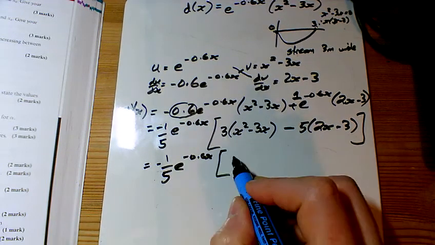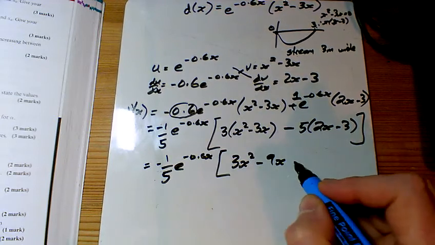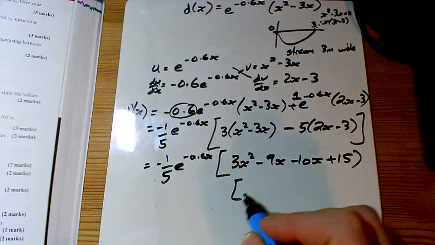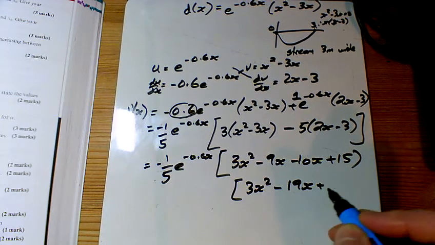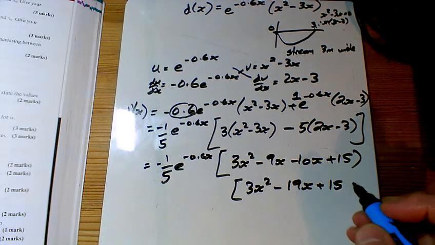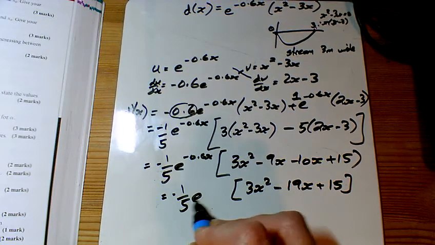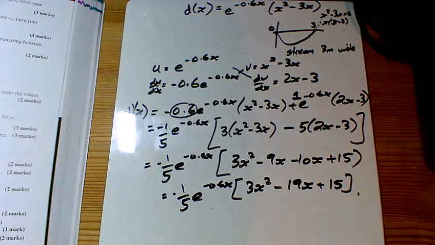Right, what does this tidy up to give then? I've got 3x squared minus 9x minus 10x plus 15. And so finally 3x squared minus 19x plus 15, minus 1/5 e to the minus 0.6x. That's what I've got.